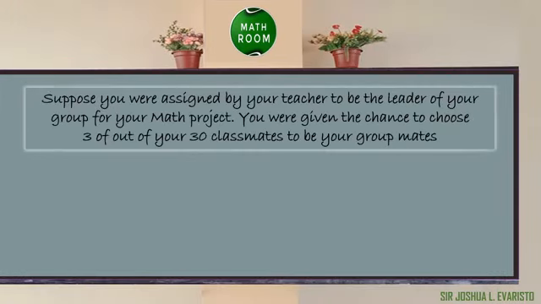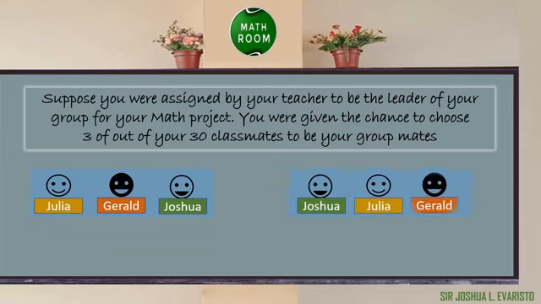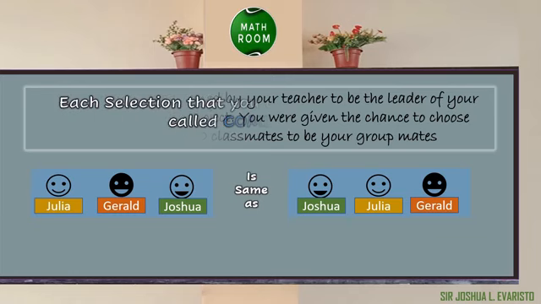Suppose you were assigned by your teacher to be the leader of your group for your math project. You were given the chance to choose 3 out of your 30 classmates to be your group mates. If you choose Julia, Gerald, and Joshua, does it make any difference if you choose instead Joshua, Julia, and Gerald? Of course not, because the list refers to the same people.